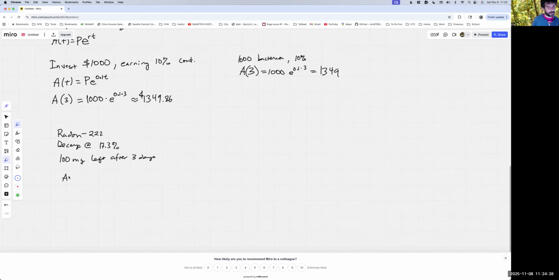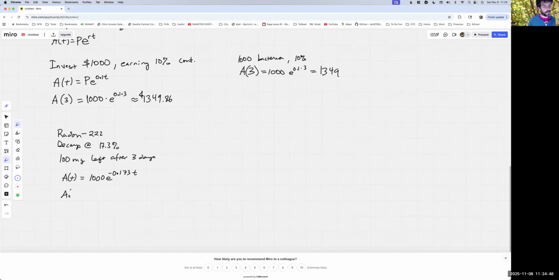The same formula applies, A of t. We're going to have our 100 milligrams, e to the, but now we have negative 0.173 t.